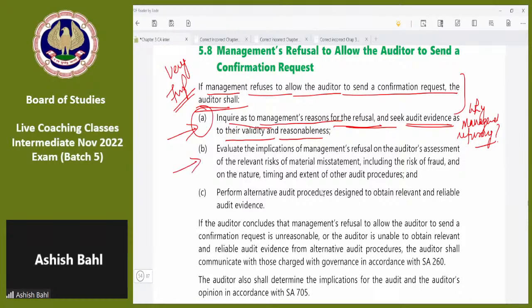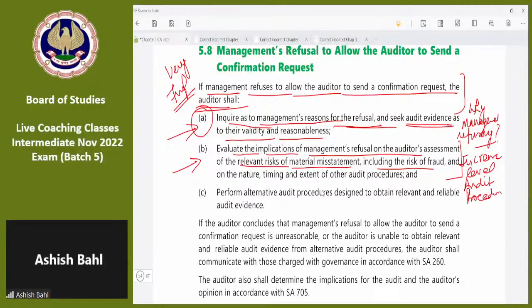Second, he would be evaluating the effect of management's refusal on the risk of material misstatement and whether he should increase the level of his audit procedures.